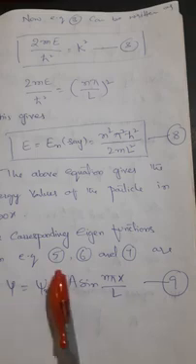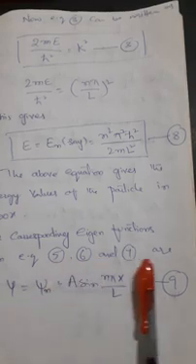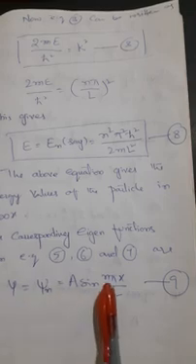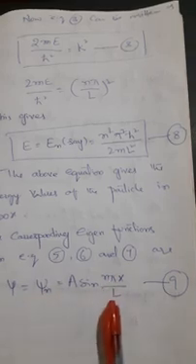This is nothing but an eigenfunction. So from equations number 5, 6 and 7 we can write psi is equal to psi n is equal to A sin, and the k value is n pi x by L. Let us take this as equation number 9.